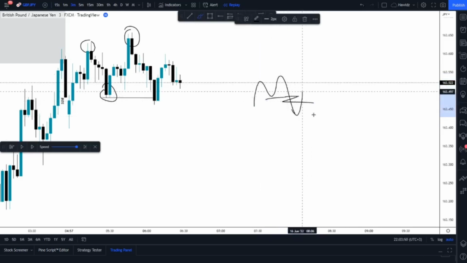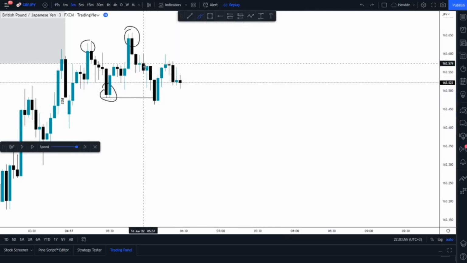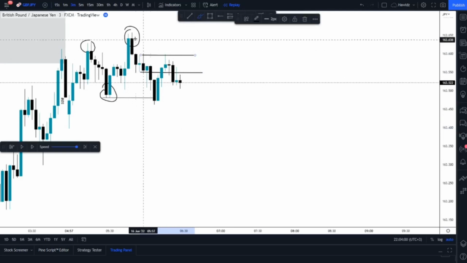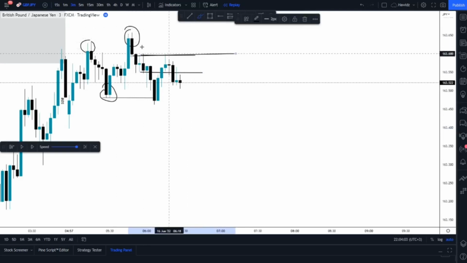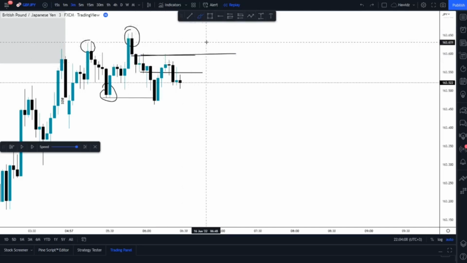So price is going to retrace somewhere and then fall off, right? So we're now looking to spot that POI, the point of interest. That's my first POI. And then this will be my second POI, but for me this is the most precise.